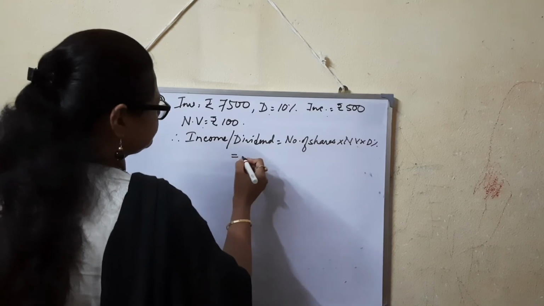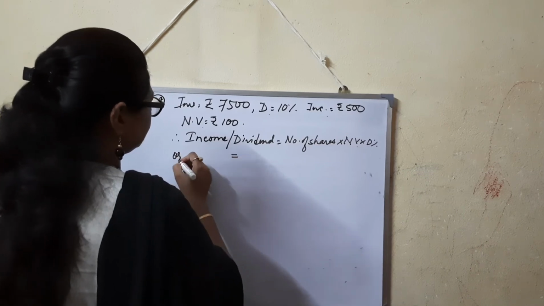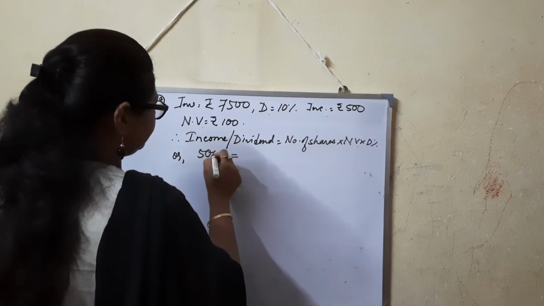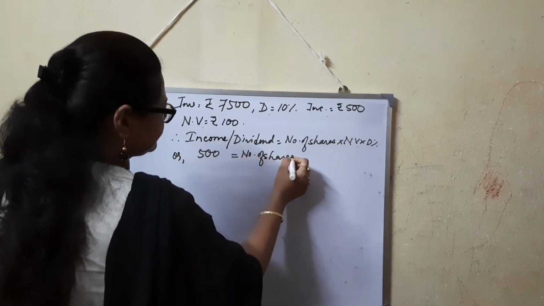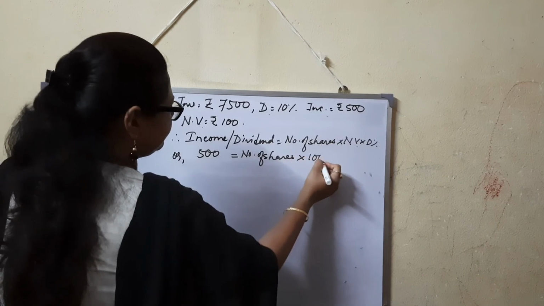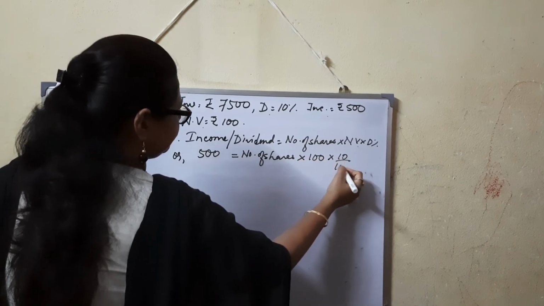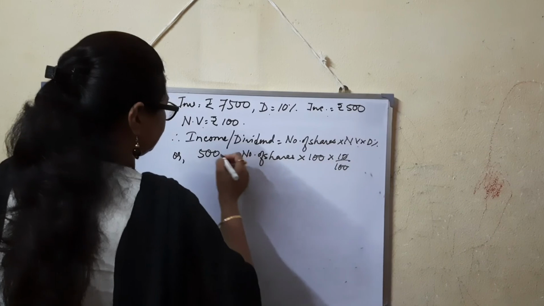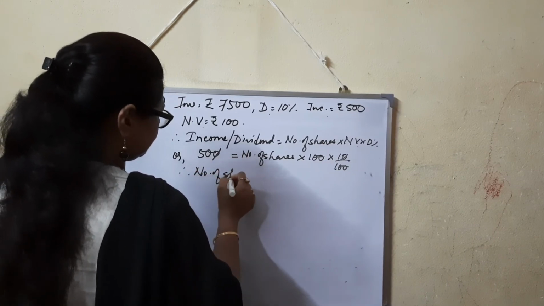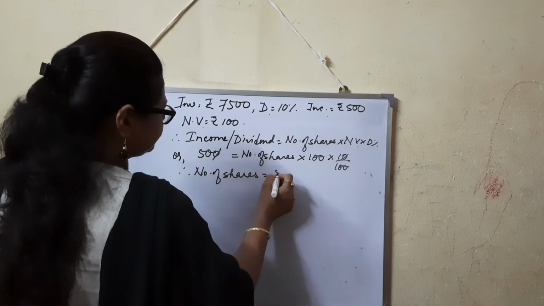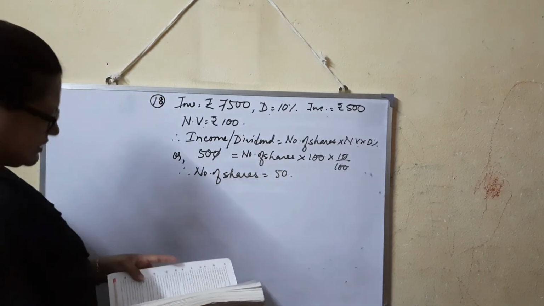How many shares? We don't know. Income is 500. Number of shares, let it be as it is. Nominal value is 100. Dividend percent is 10 by 100. Okay, so how many shares? Therefore, number of shares is equal to 50. This is the first part.